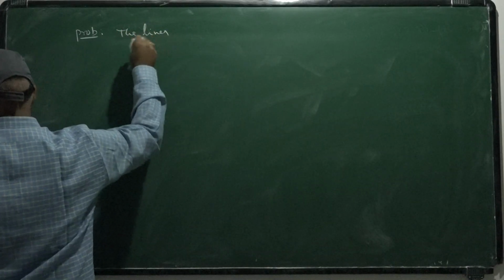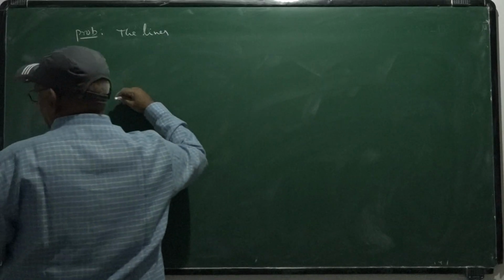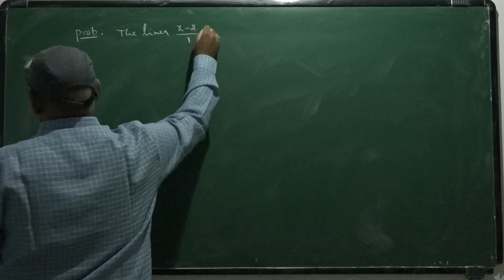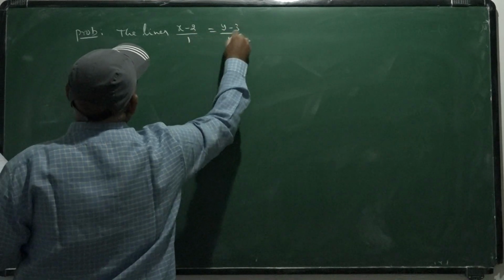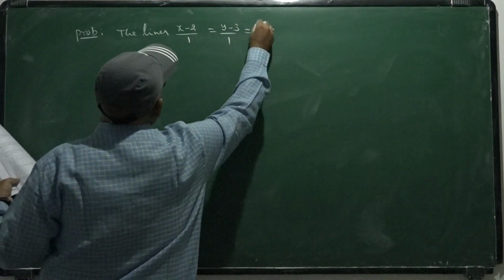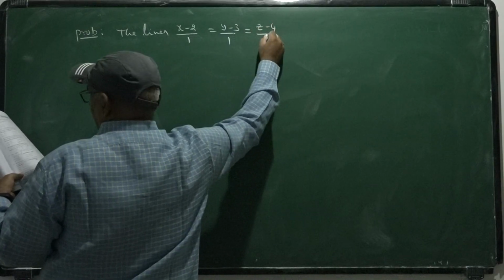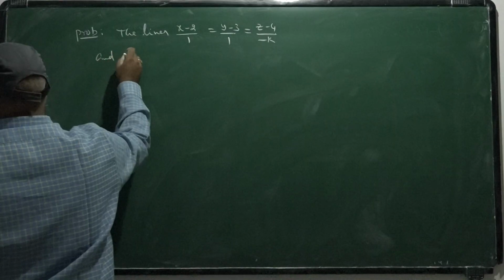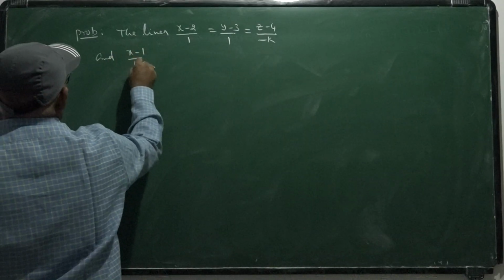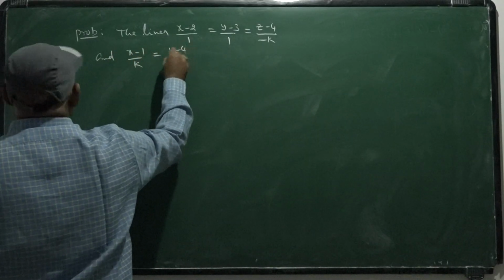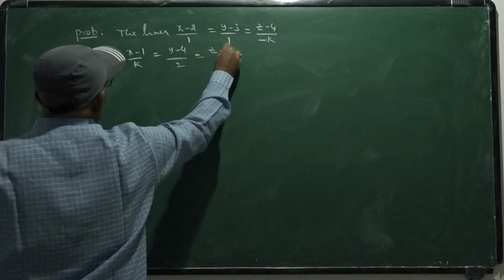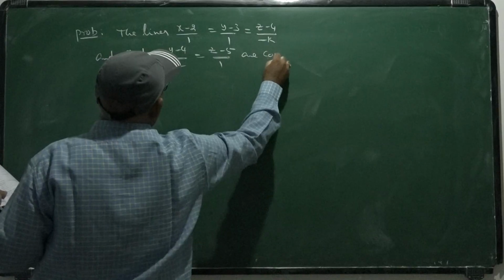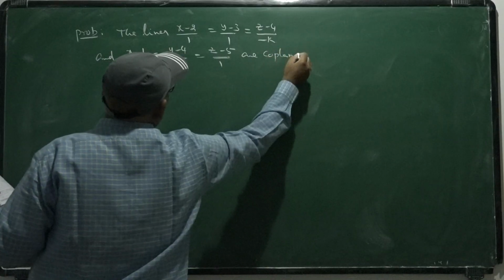Given in mains. The lines (x minus 2)/1 equal to (y minus 3)/1 equal to (z minus 4)/(minus k), and (x minus 1)/k equal to (y minus 4)/2 equal to (z minus 5)/1 are coplanar if.